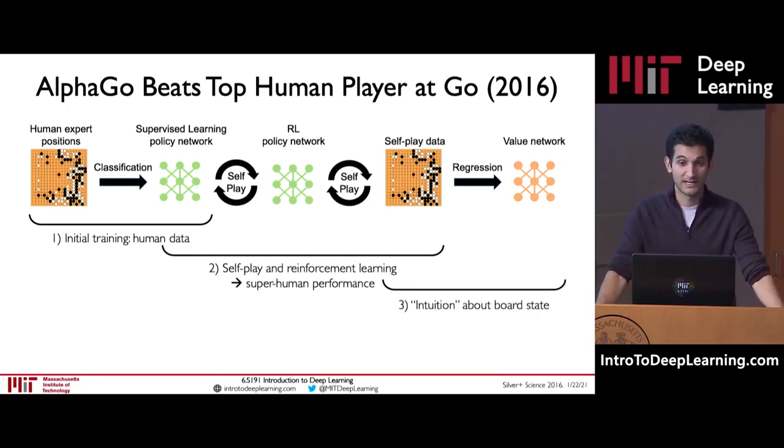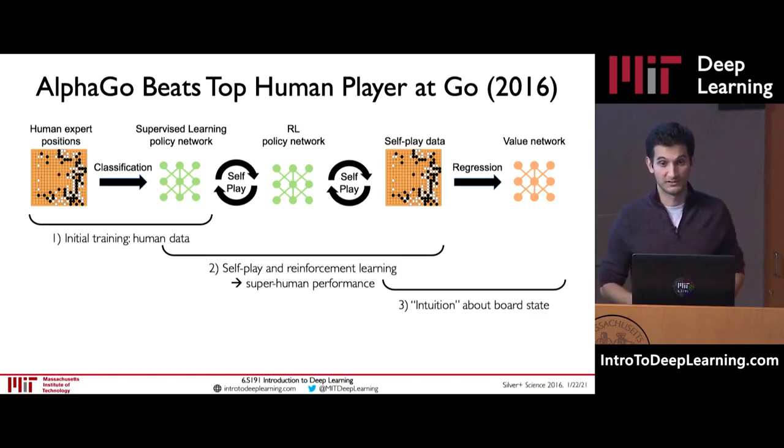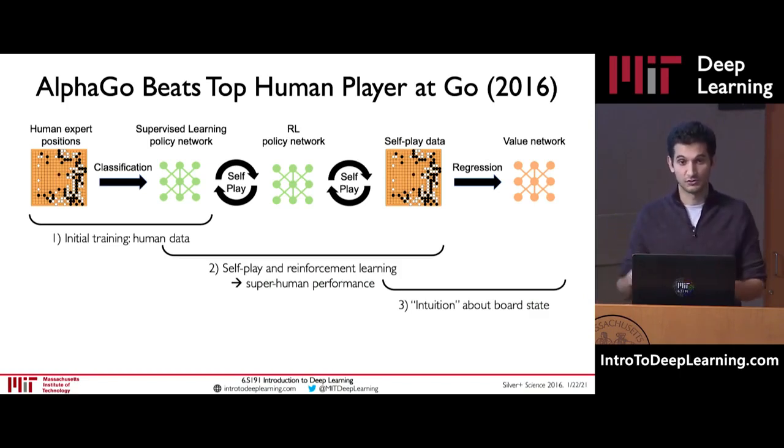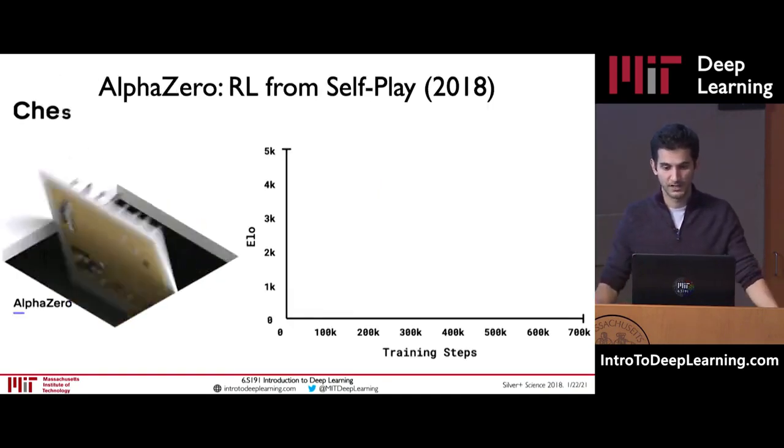One of the tricks that really brought this algorithm to the next level was the use of an auxiliary network which took as input the states of the board and predicted how good that position was. Given that network, the AI was able to almost hallucinate how it could reach these great board positions and the steps it would have to take to reach them, and use those as actions essentially to guide its predicted values.